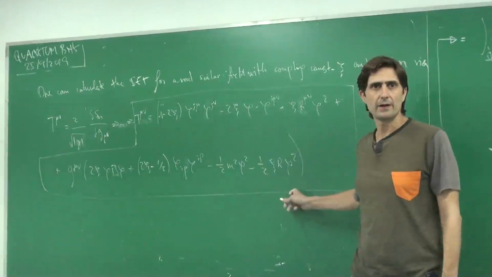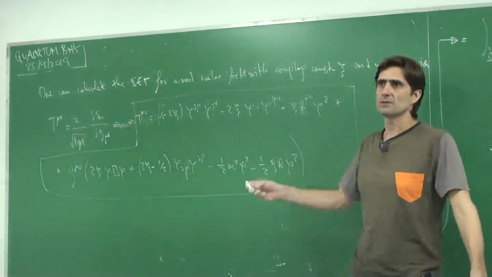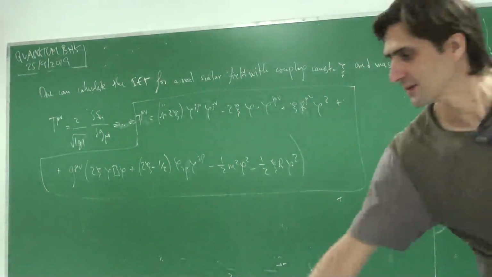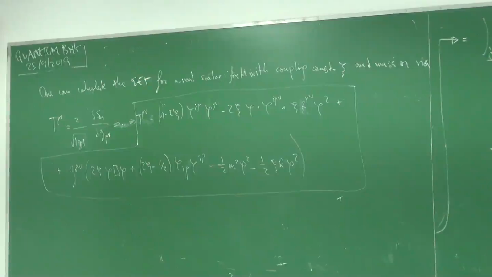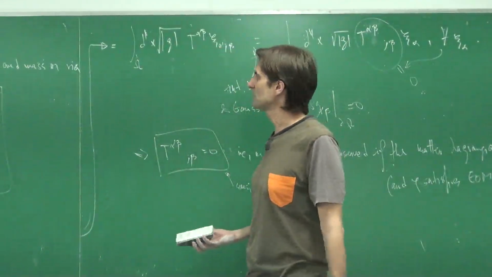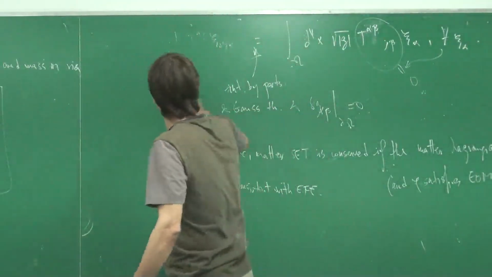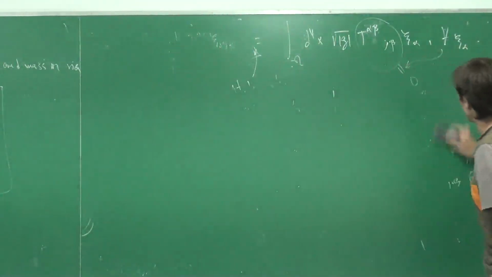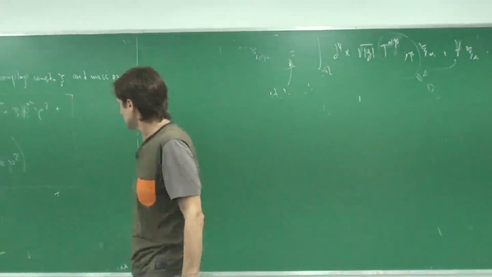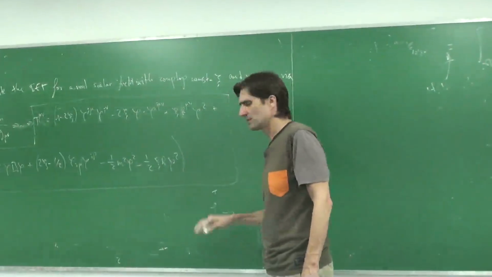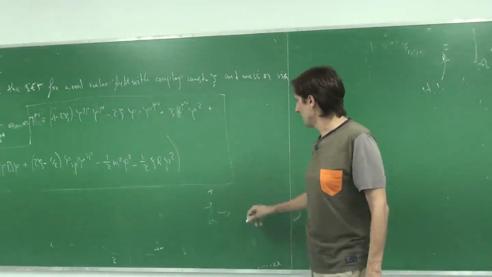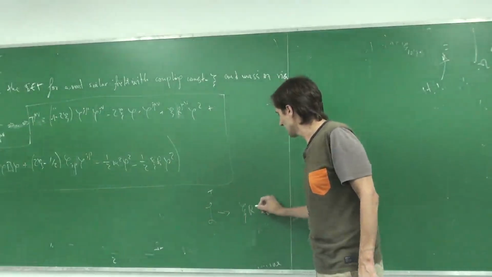There's a funny thing here. What is funny? Funny in English also means curious. It's not so much ha ha ha, but curious. If you look at the Lagrangian that we started out with for this field, we had xi R phi squared.